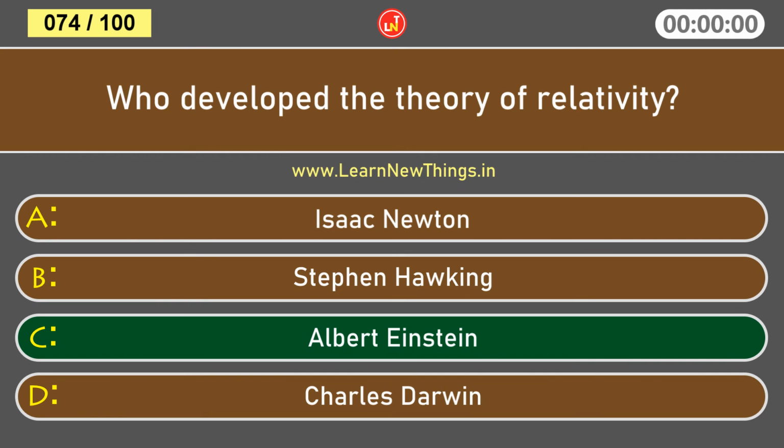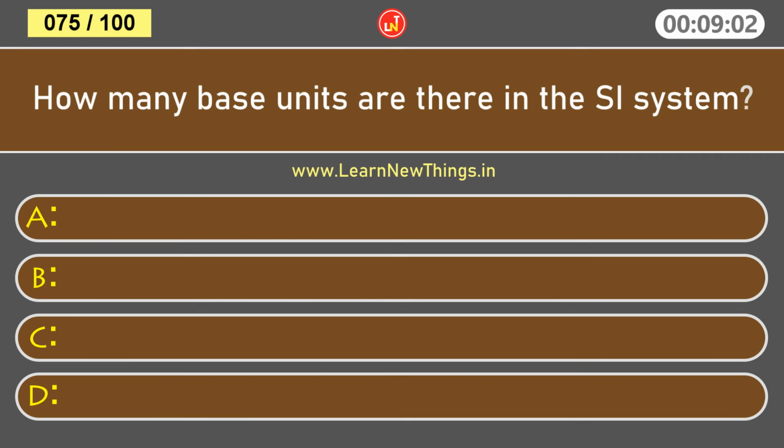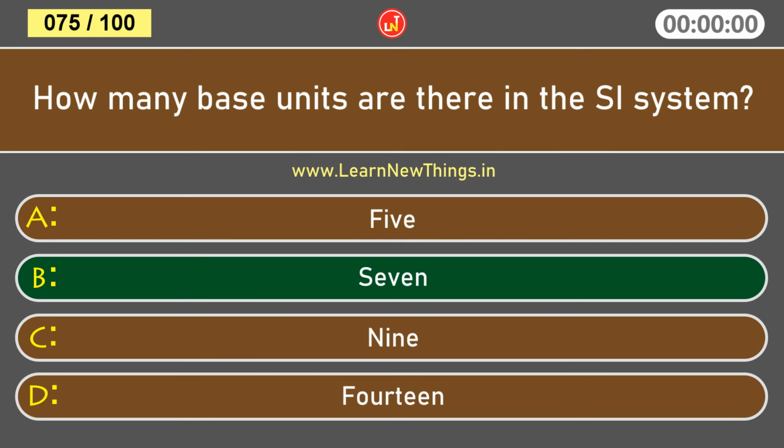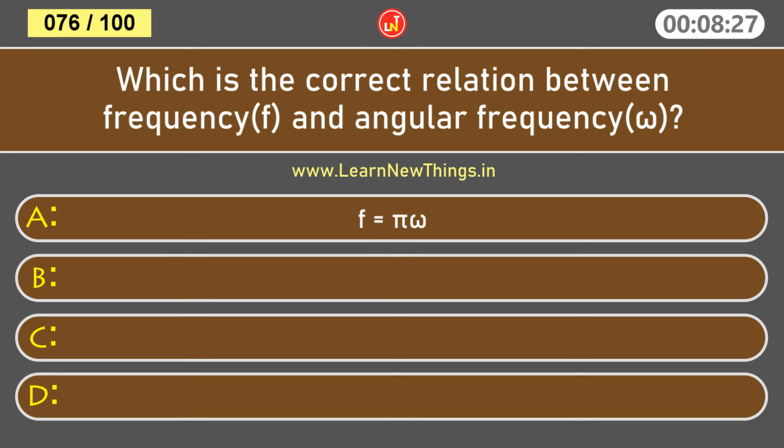Albert Einstein. How many base units are there in the SI system? 7. Which is the correct relation between frequency and angular frequency? Omega equal to 2 pi f.